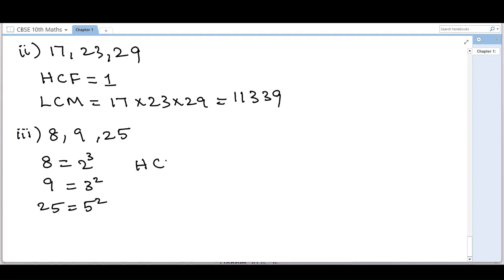So HCF, we don't find any common factor other than 1, and LCM we have to multiply all the values. The final value is 1800.